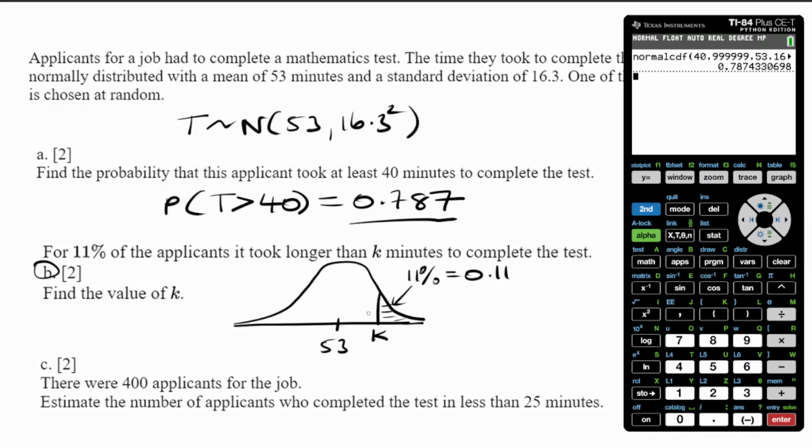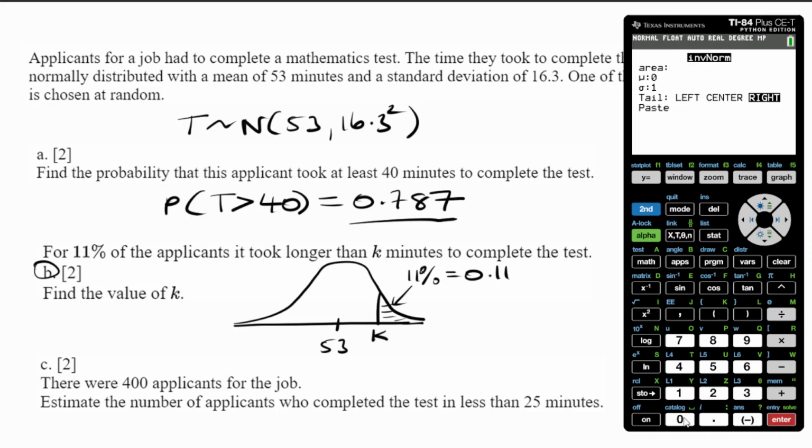So this is a case of inverse norm, isn't it? You know the probability to the right of the point is 0.11, and we're looking for a number on the scale. We want a number of minutes, which is on the scale. So it's definitely an inverse norm question. So we're going to go to the calculator, second distribution, inverse norm.